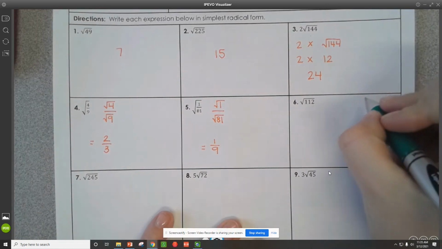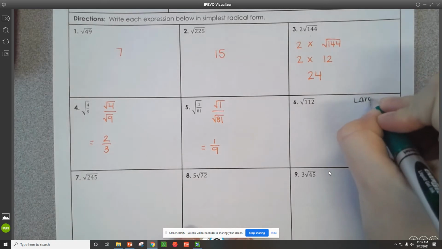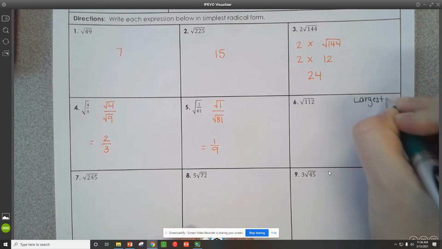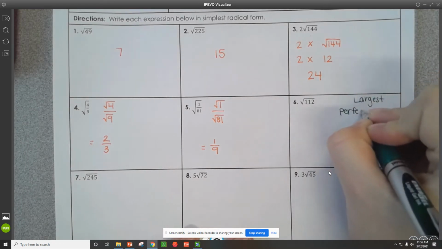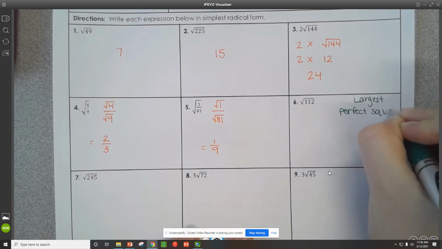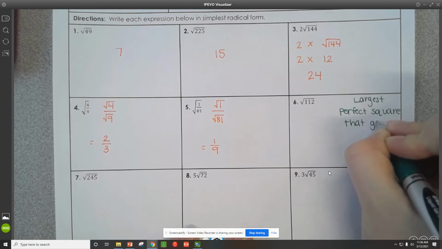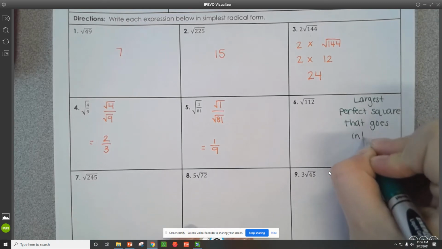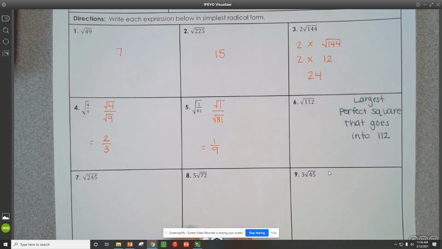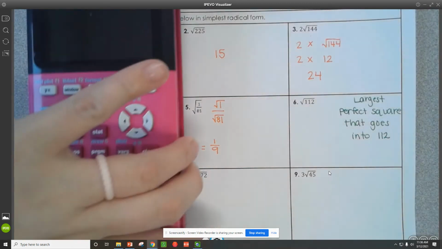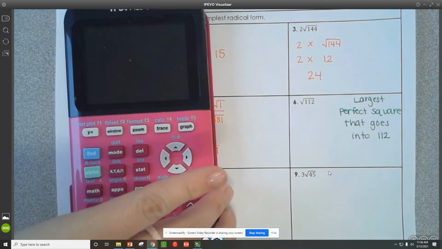What we do is we look for the largest perfect square that goes into 112. So we use our calculator, we divide 112 by the perfect squares to find one that goes in evenly. So you might want to have your list handy and your calculator.